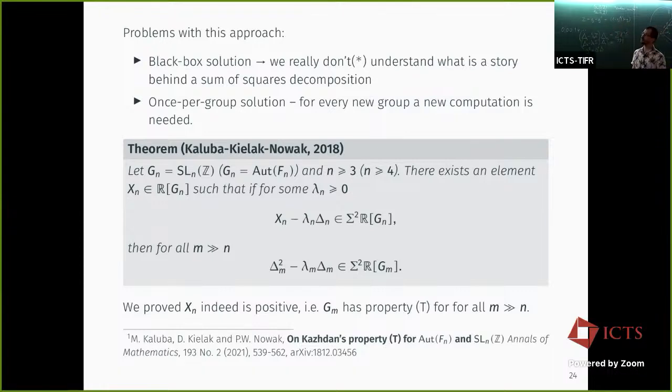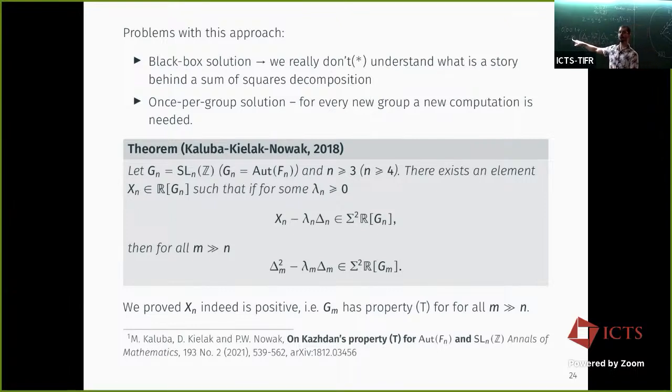But what we proved in this article, which Piotr will be discussing, is that there is actually a way to relate one to another. And what is even more interesting, there is one computation that you can do in SL_3(Z), which is not exactly this one, but a different one.